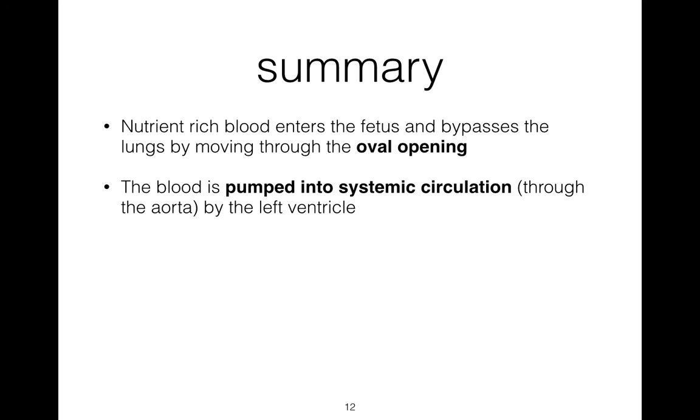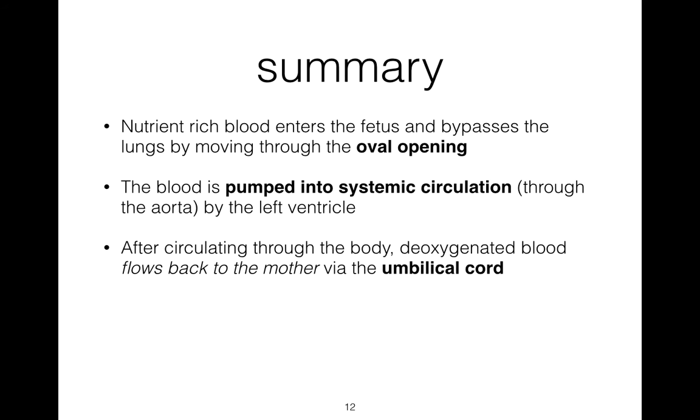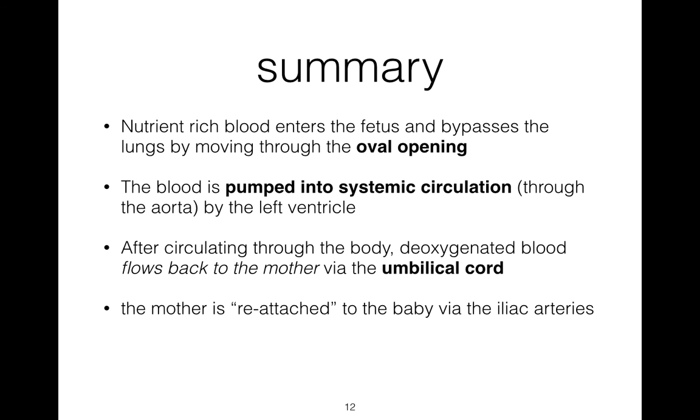Okay, just like in a normal adult. After circulating through the body, deoxygenated blood will flow back to the mother via the umbilical cord. And the mother is essentially reattached to the baby via the iliac arteries. Remember, the ilium is the big bone in your hips.